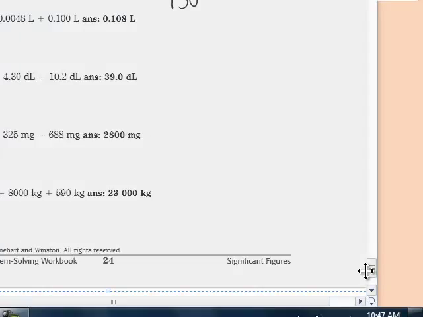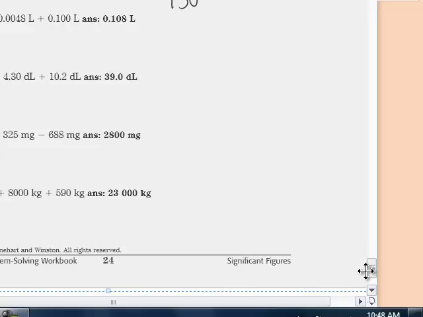Okay, so put this in your calculator. Ready? 253.05 plus 33.9 plus 28.